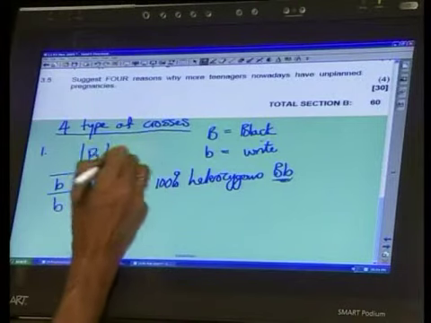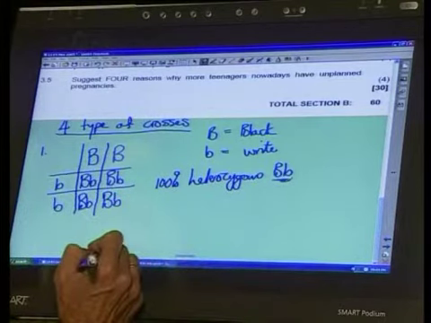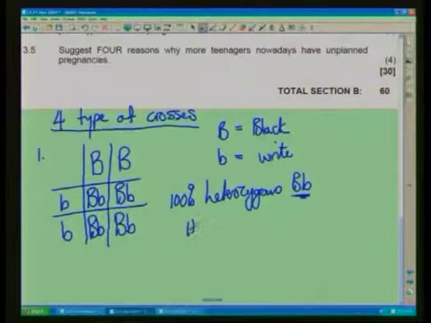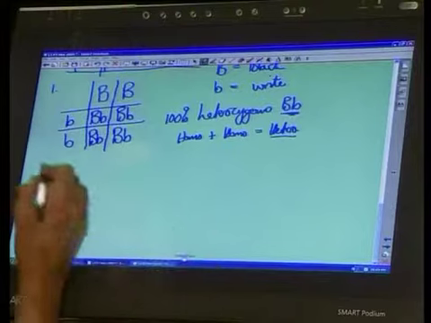I'm going to use homo plus homo will give me heterozygous. Okay? Let me just write it quickly here. Homo plus homo equals hetero. All of the little ones are going to be heterozygous. Okay.